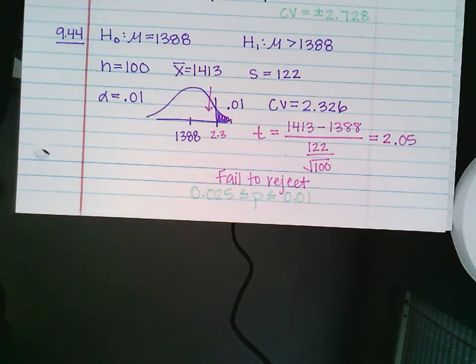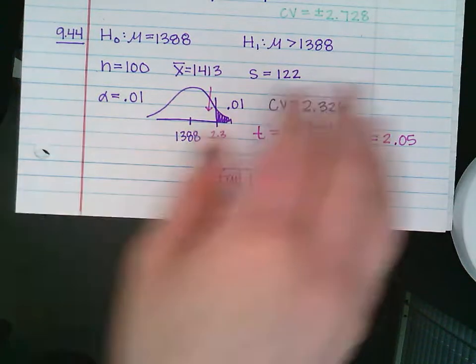On the last section, okay, I want us to look at question 9.62, and this will be our last question that we look at here. And we're now looking at proportions.